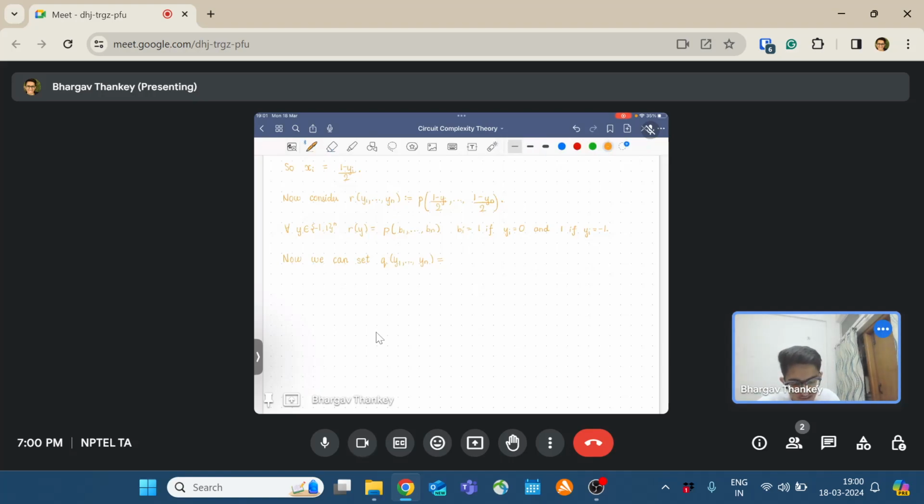When R is 0, we want Q to be 1, and when R is 1, we want Q to be minus 1, right? Why is the i over here?